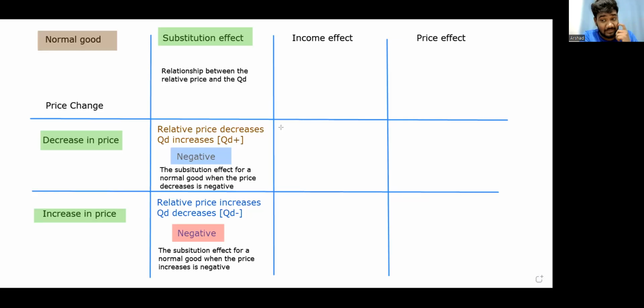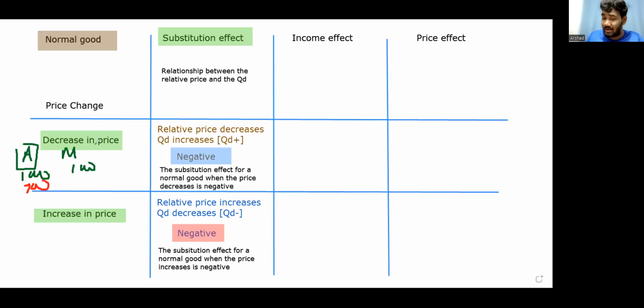How can we say relatively cheaper? Think practically. Let's say there are two goods, Anchor and Maliban, and your good is Anchor. Anchor is 1,000 rupees, Maliban is also 1,000. Now your good's price decreases, let's say to 700.